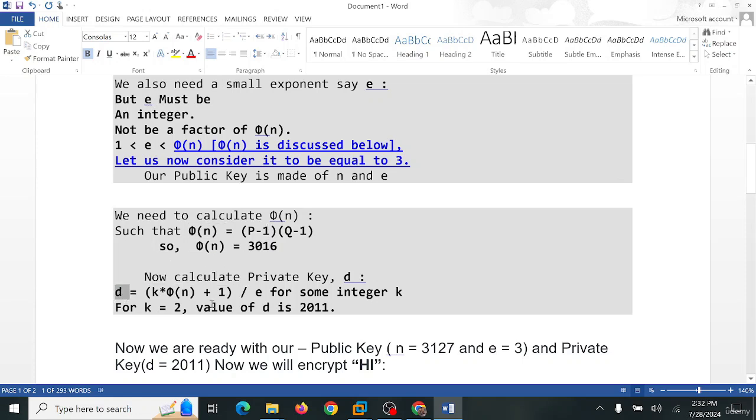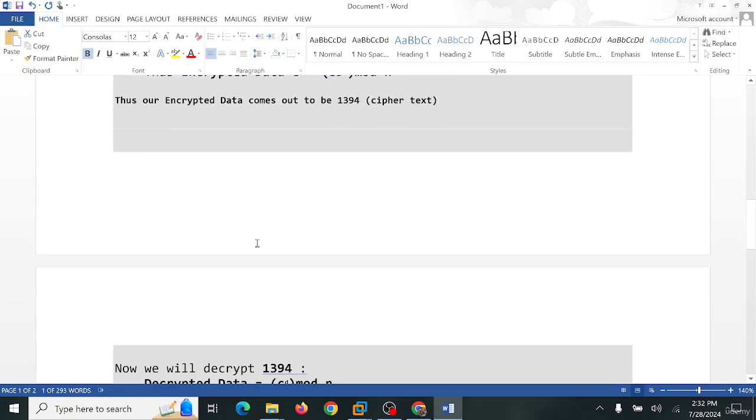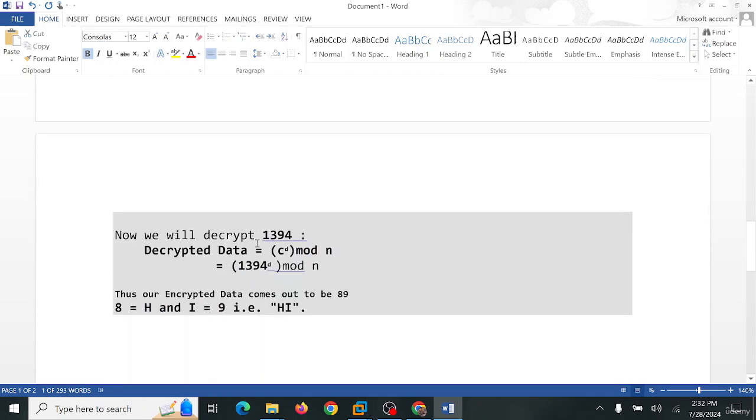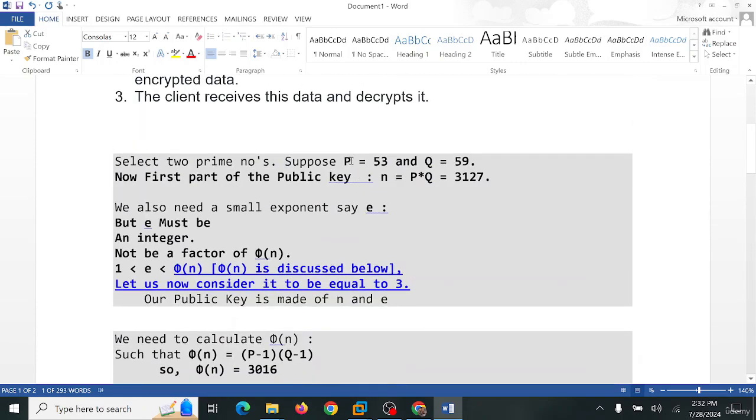So if you know the values of p and q, you can compute the private key. That is the dangerous part here. And if the private key is known, then obviously we can decrypt the original message. That is the reason we need to make sure that p and q, the two prime numbers, are very large so that no one can find the factors of n.